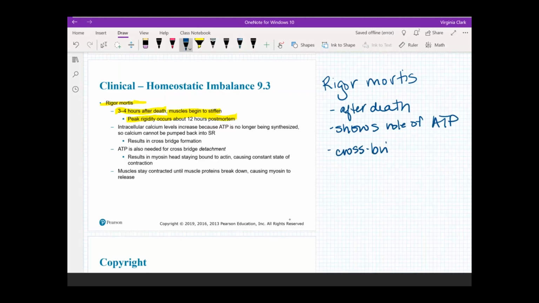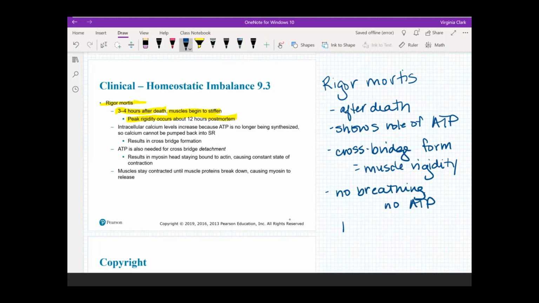A cross bridge is the connection between your actin and your myosin, and that causes this muscle rigidity that you see. However, if you have the cross bridge form, there is no breathing, so therefore there is no ATP, therefore there is no cross bridge breaking.